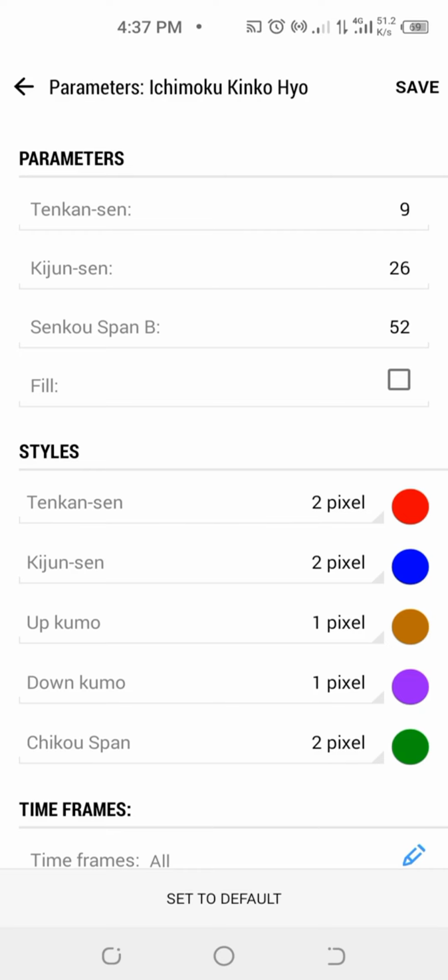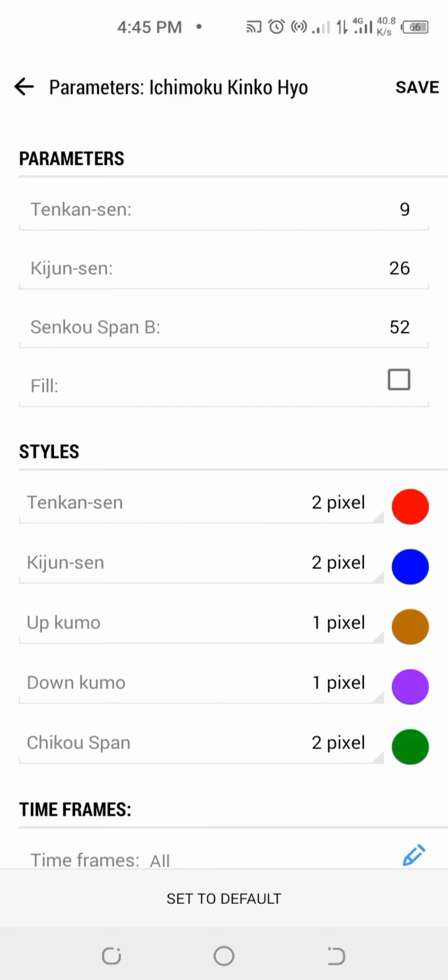So for the Ichimoku, we are going to be changing some of the settings. The Ichimoku cloud provides a comprehensive overview of market conditions, including current trends, support, resistance, and future market direction.